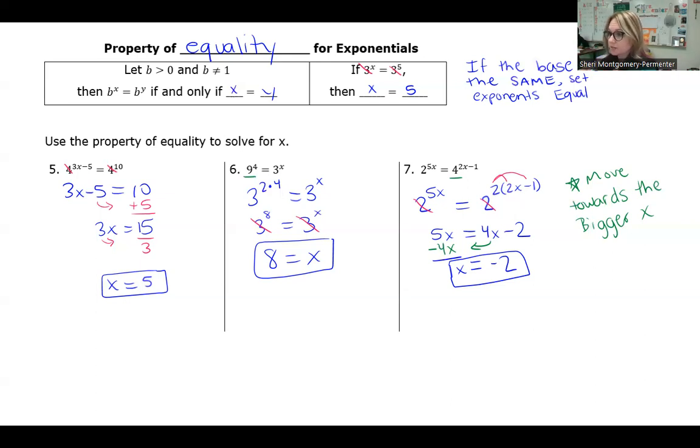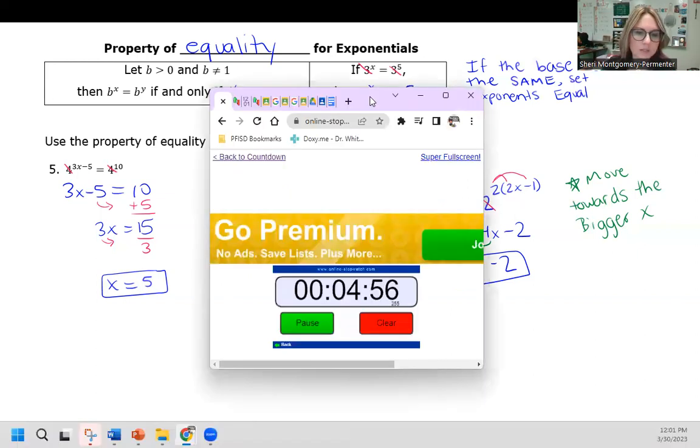The ones that don't are exponential. I believe you've got 6 problems that are exponentials. So go see how many of them you can do. I'll give you 5 minutes.